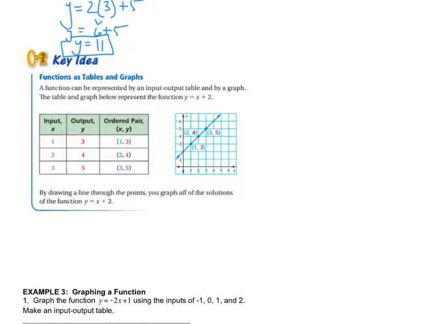That makes it a function, or at least a relation. But also, we're going to see functions as a graph. It's another bunch of ordered pairs. When you think about relations, you can graph them. Functions, you can graph them. The one thing that you also want to notice is we have a nice straight line here for this to be the function.